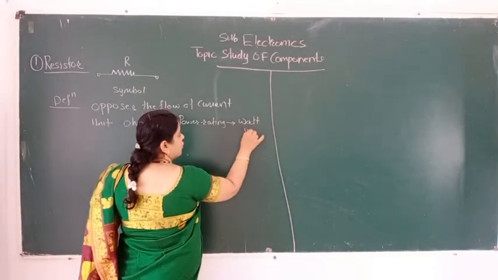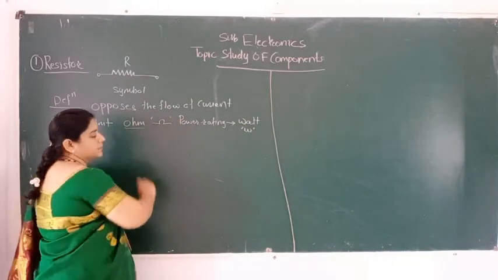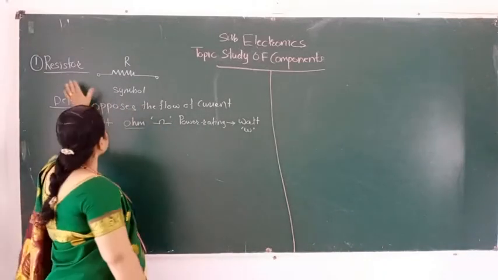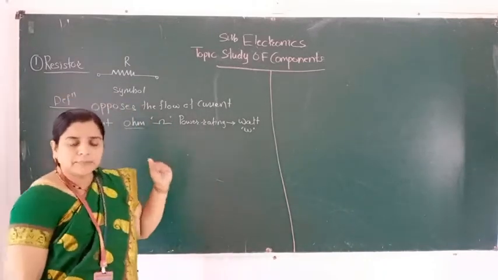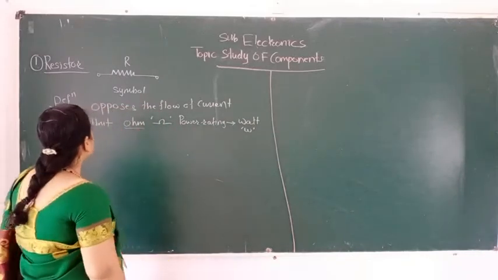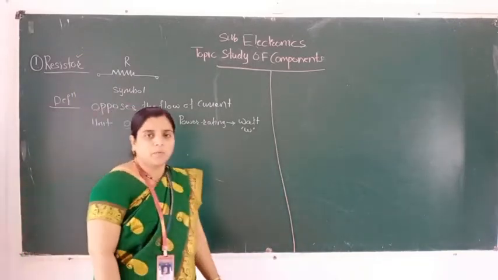The symbol for watt is W, and this is ohm. A question may be asked like this: what is resistor and explain its power rating?